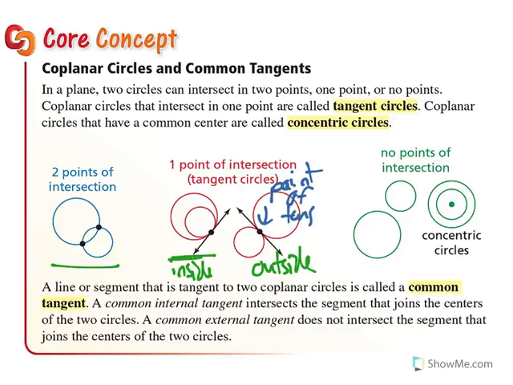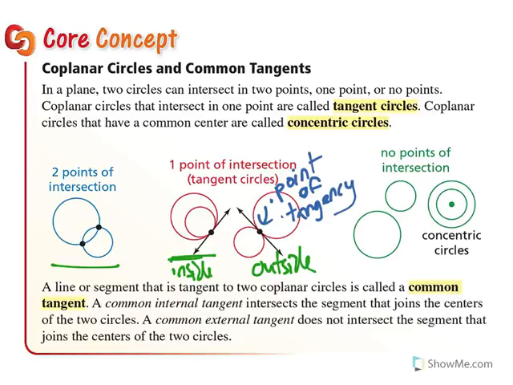And so we call them tangent circles. And then we have where they don't intersect at all, this last version. We have certain coplanar circles that don't intersect, but we can call them concentric circles, and it's when they share that center point.